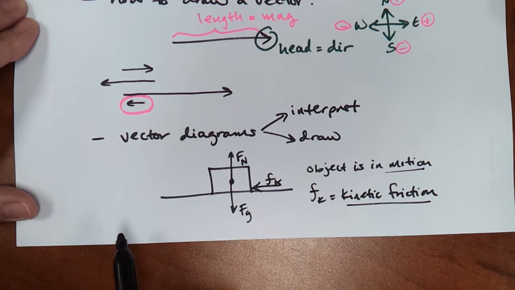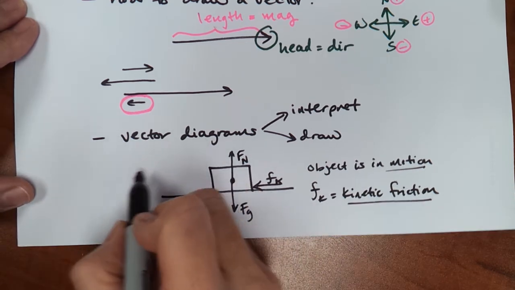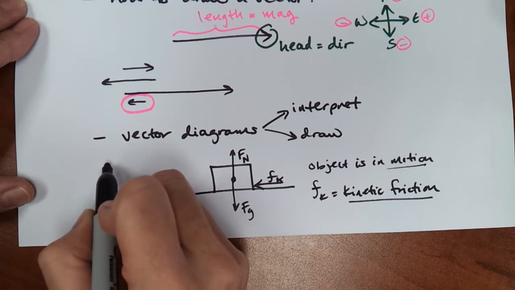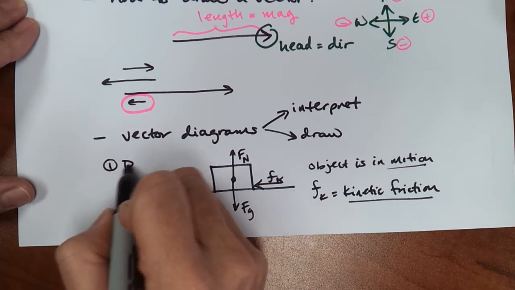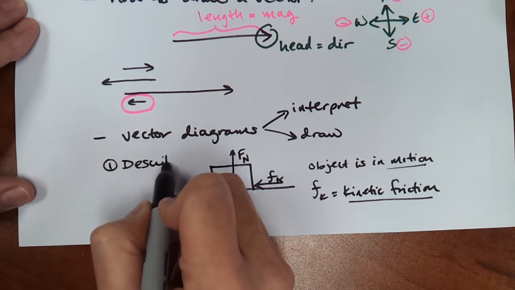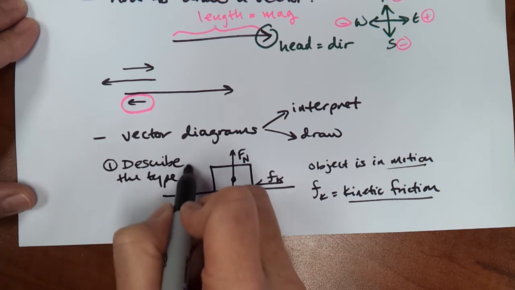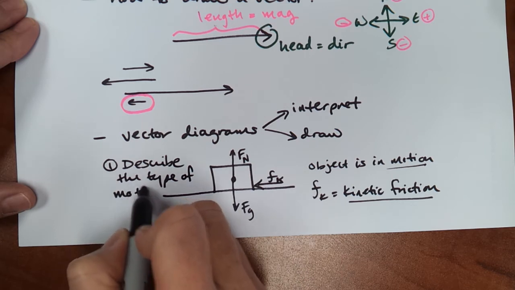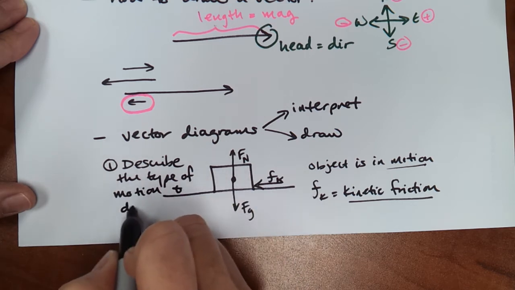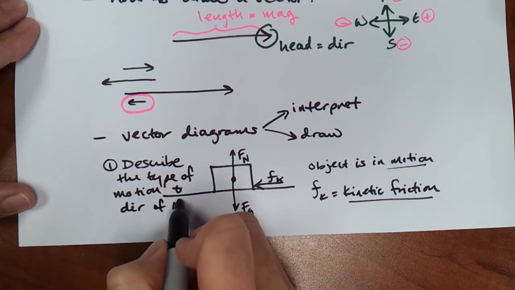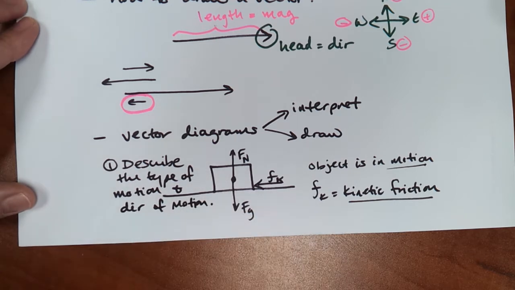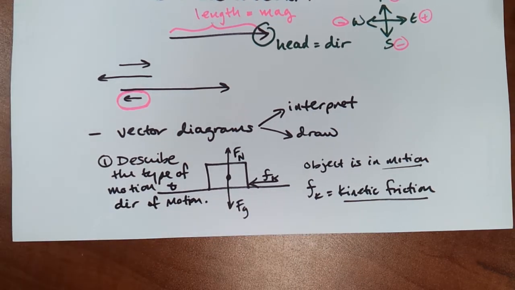So I may ask you to describe, so there are two potential questions here. Describe the type of motion and direction of motion based on just that information.